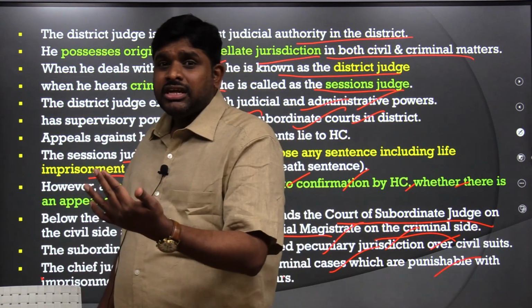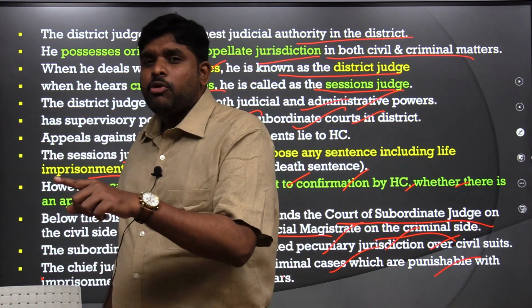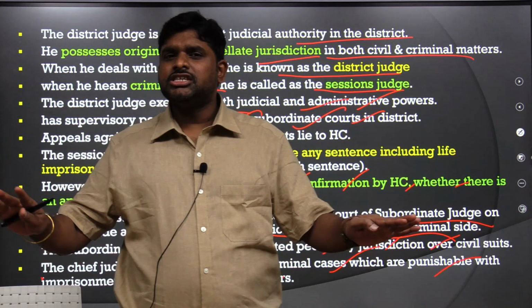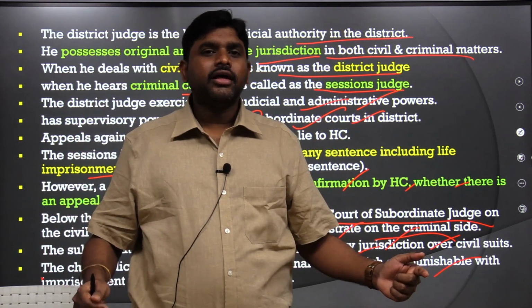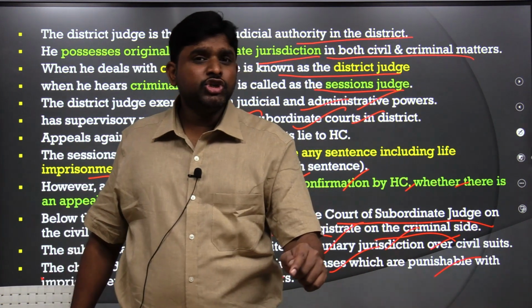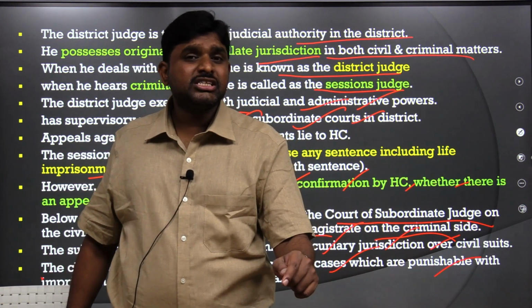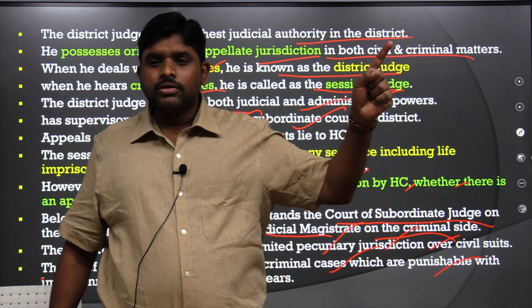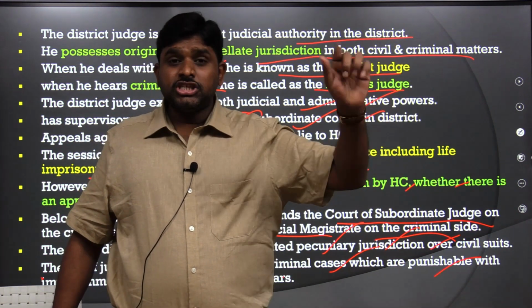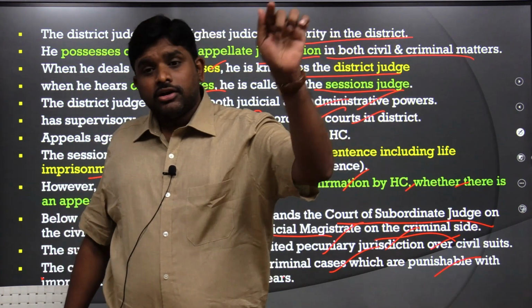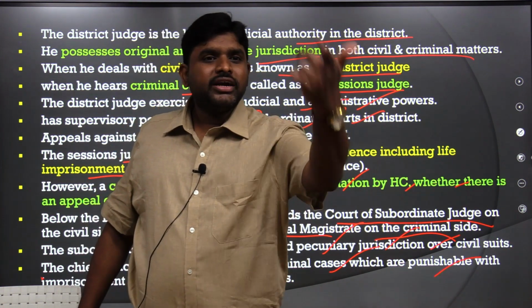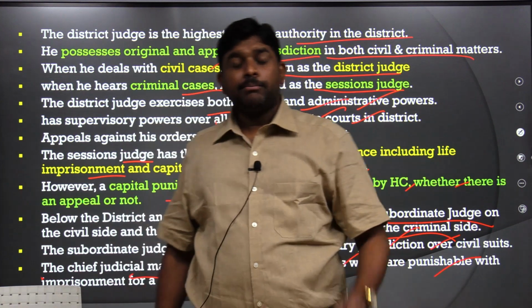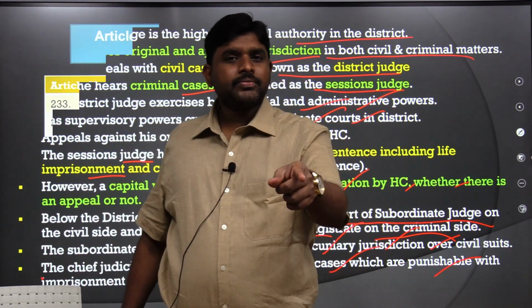If the offence is such that the punishment will be more than 7 years, in the first instance itself it should go to the sessions court, like murder, 14 years. So the chief judicial magistrate doesn't have the power to deal with murder cases. It will go to the sessions court. And the sessions judge has the power to give not only 14 years of imprisonment, but also the death sentence. But it should be reconfirmed by High Court.